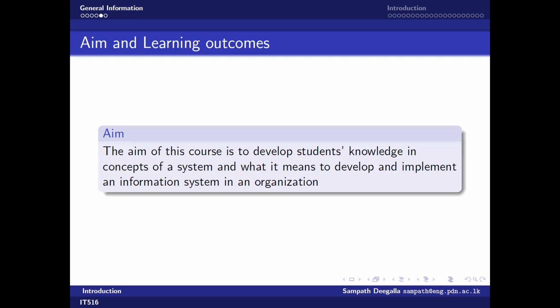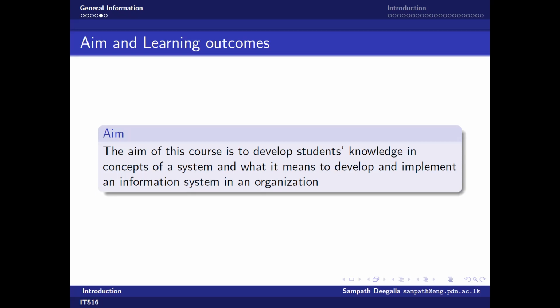Okay, but before we move on, in the aim and learning outcomes of this subject, we want to develop your knowledge in concepts of the system and what it means to develop and implement an information system in an organization.